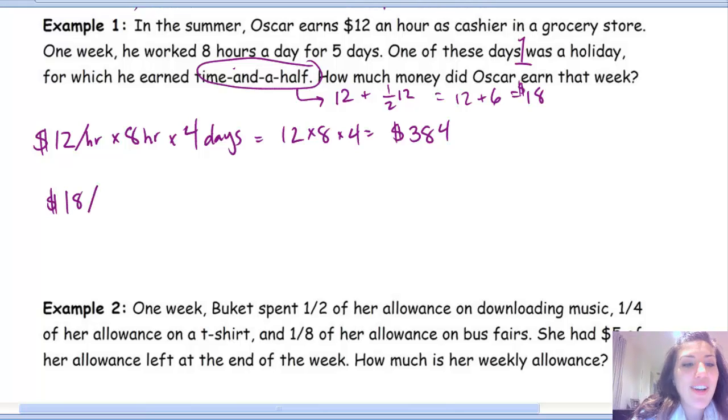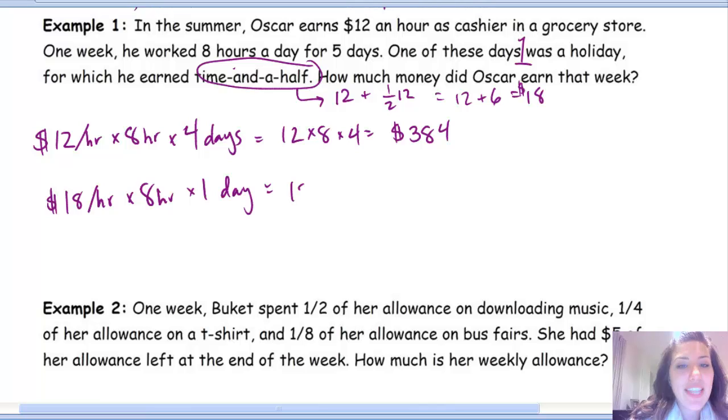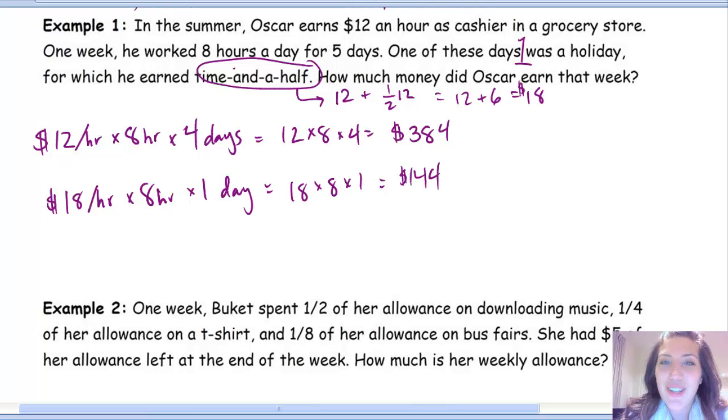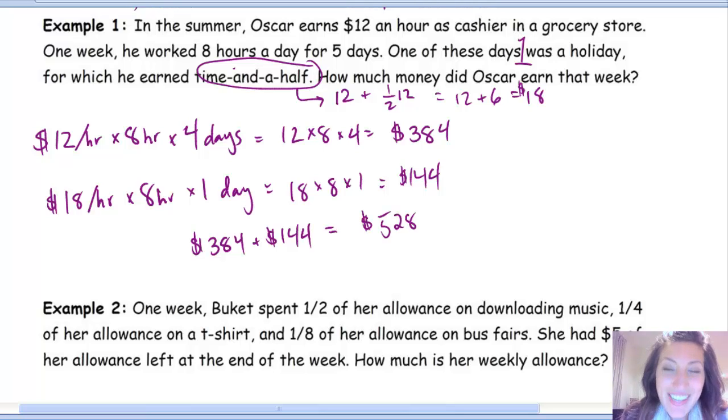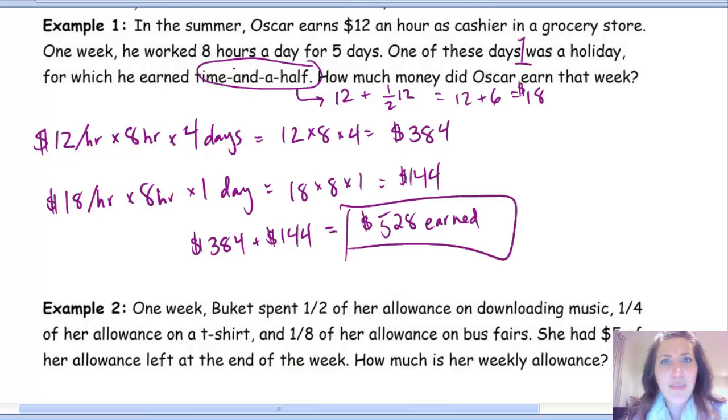So he earned $18 an hour times 8 hours times 1 day equals 18 times 8 times 1 equals $144 that day. So let's add all those days together. So he earned 384 plus 144. So he earned a total of $528. Wow, Oscar, good summer job.